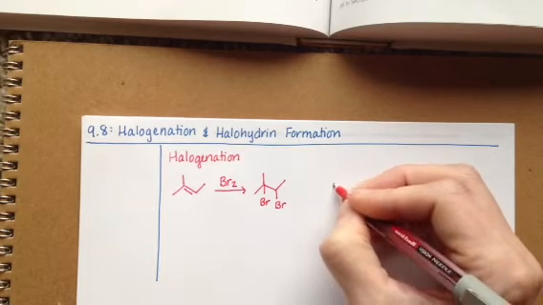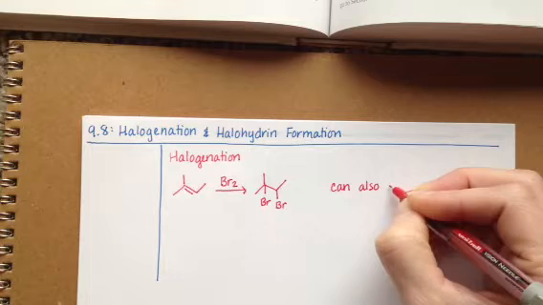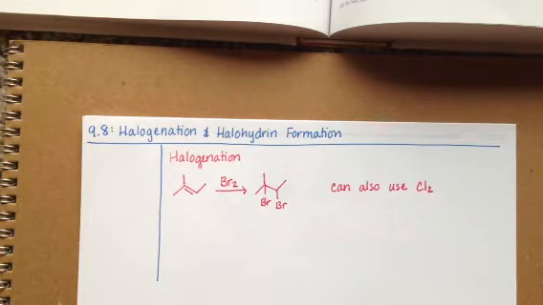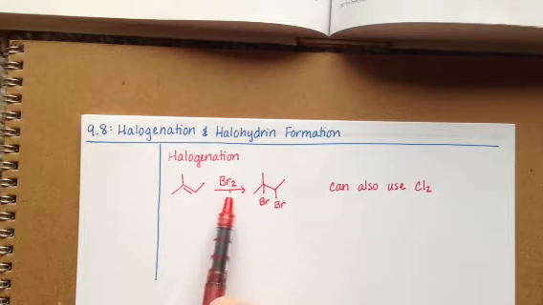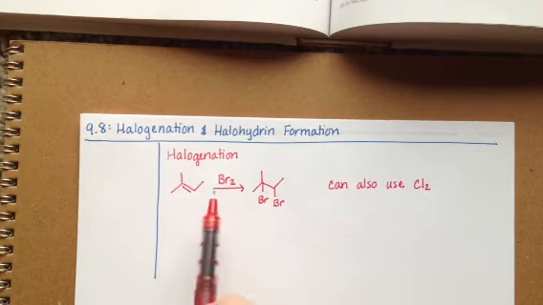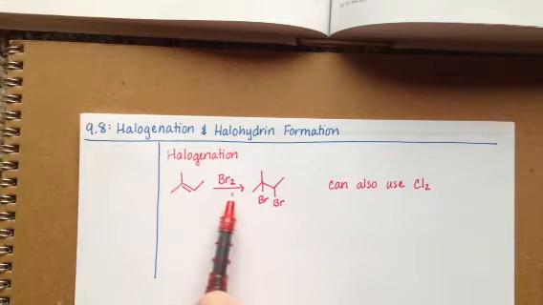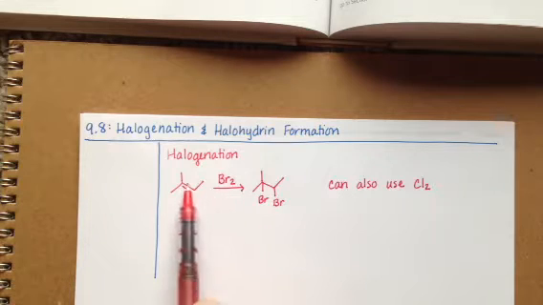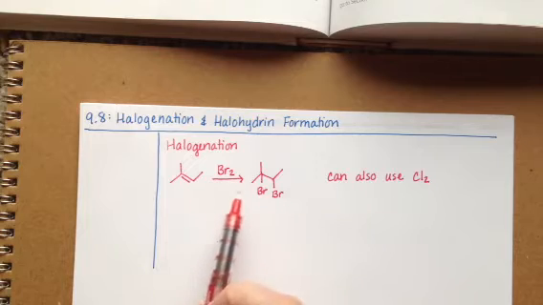This reaction can also be done with the chlorine molecule. It doesn't work with fluorine, F2, because the fluorine molecule is too reactive. So I guess it does work, but it's a very exothermic reaction, explosive, and just not a good way to do that type of synthesis.